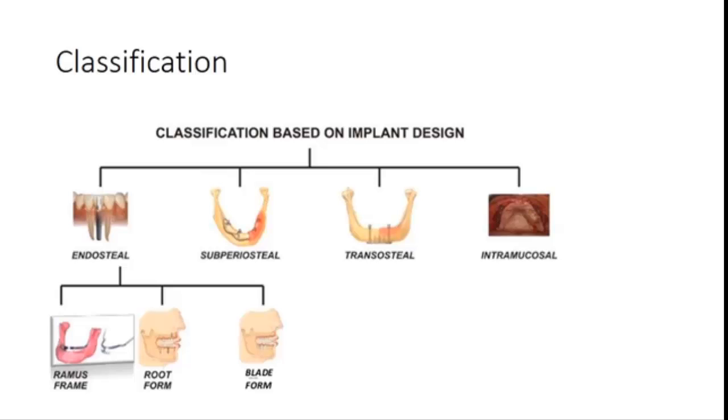Number one is endosteal implants, subperiosteal implants, transosteal implants, and intramucosal implants. The endosteal implants can be further divided into the ramus frame, the root form, and blade form.